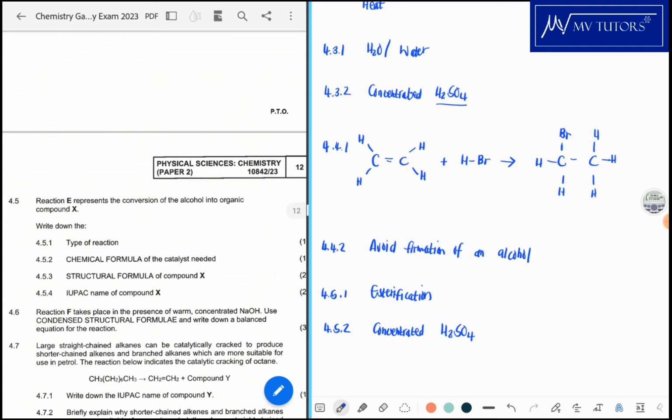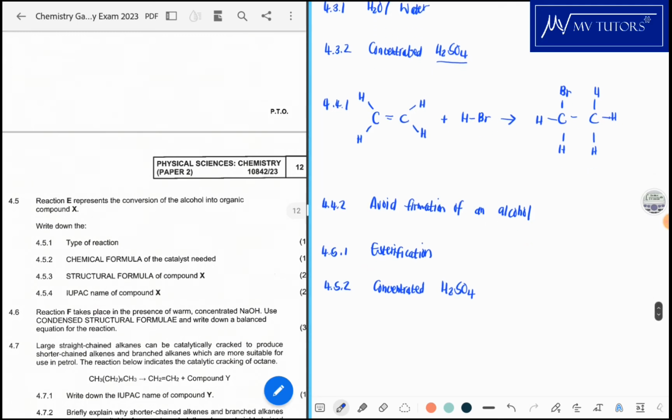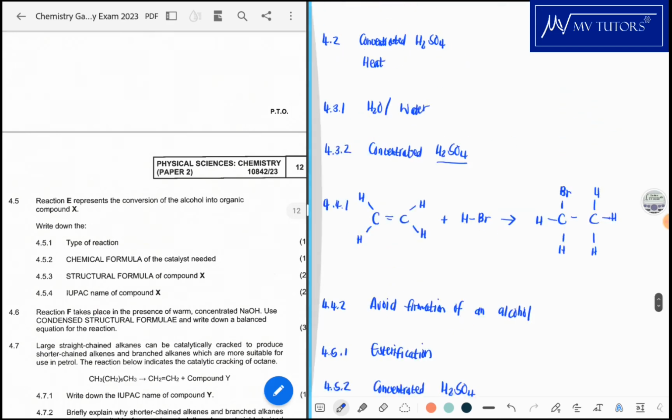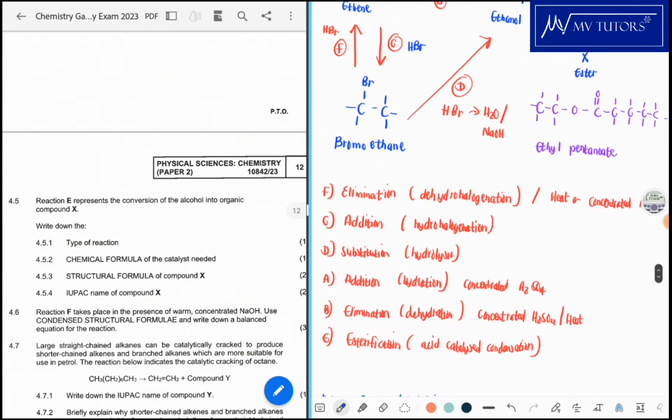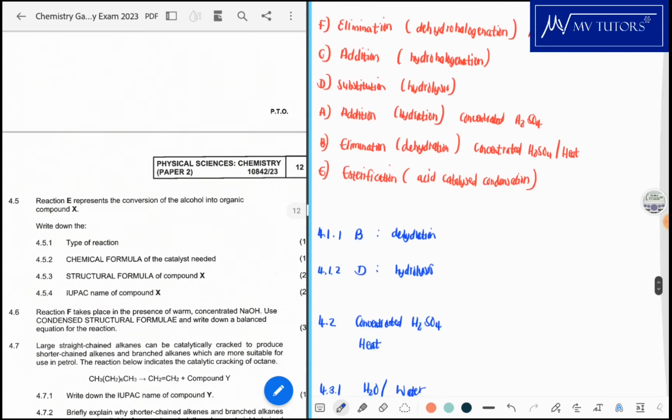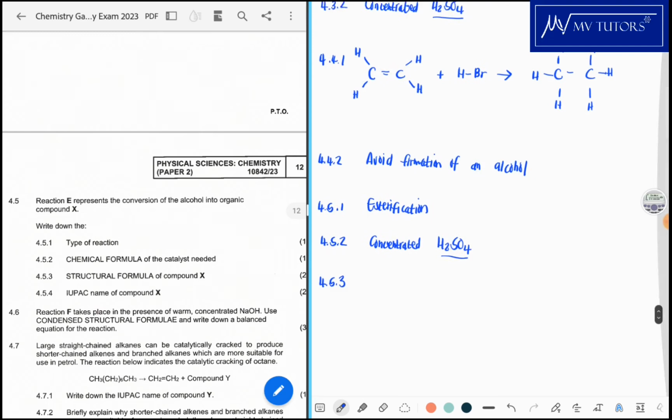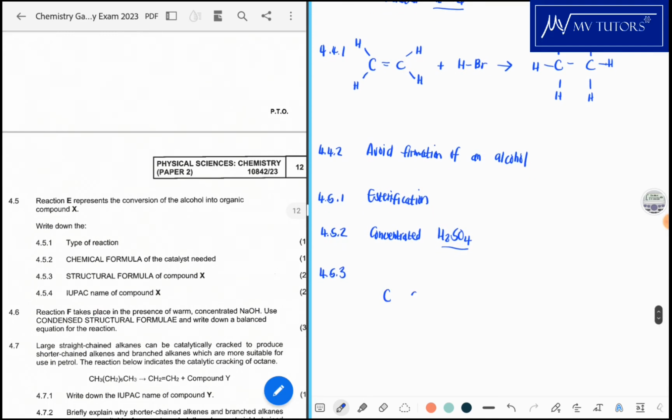All right, and then remember, please put it like this, H2SO4. Don't write down sulfuric acid because they wanted the chemical formula. They even put it in bold. And 4.5.3 says write down the structural formula of compound X. We already did it. So yeah, it's a matter of just copying down what we did. Remember, we had ethanol to begin with, so 2 carbon atoms.